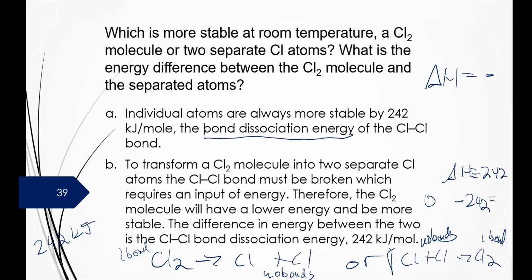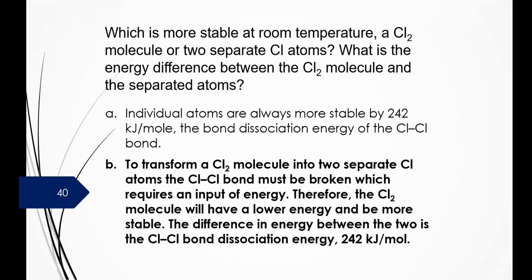And for this process, over on this side, it's going to be a positive 242. And so we are looking for B, right? The amount of energy required to break that Cl-Cl bond means that our two atoms are not as stable as them together inside of that molecule.